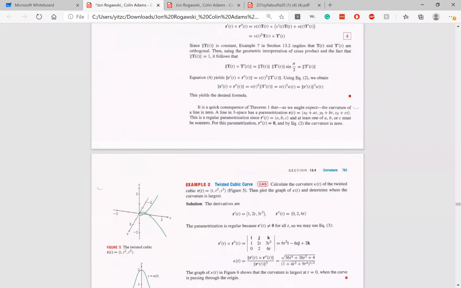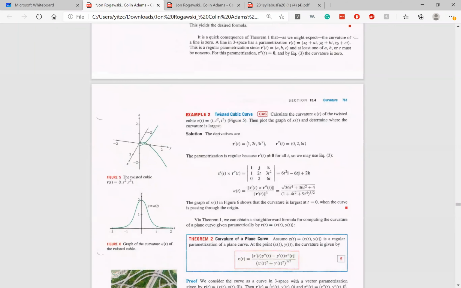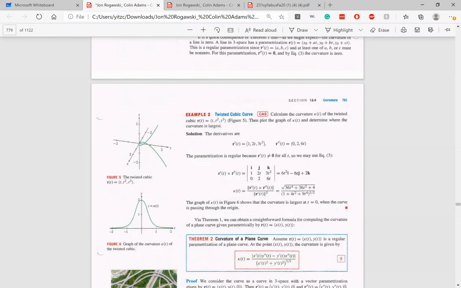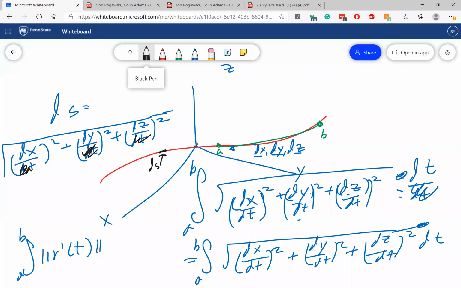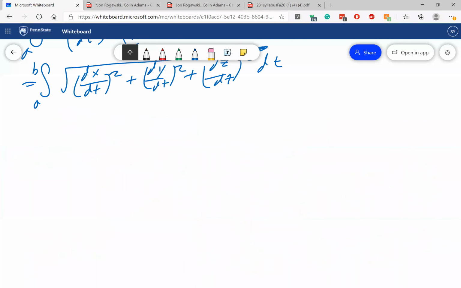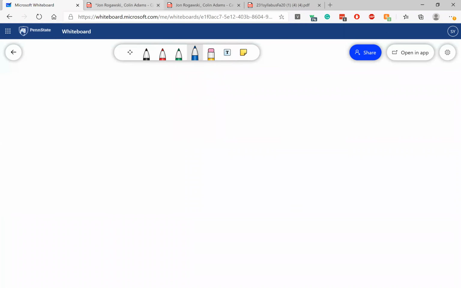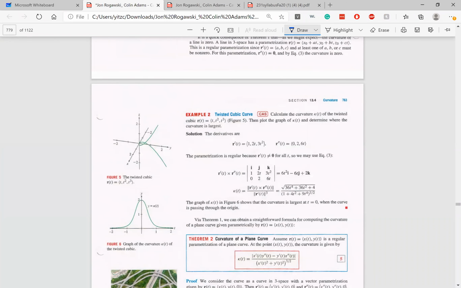Okay, so now they want us to actually compute this. Calculate the curvature of this twisted curve. So r of t is t, t squared, t to the third.